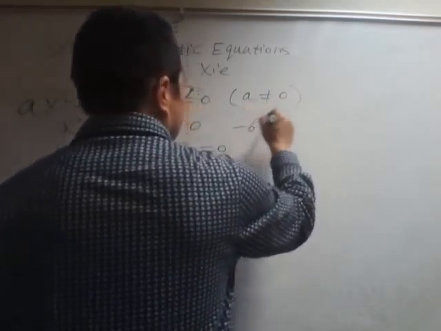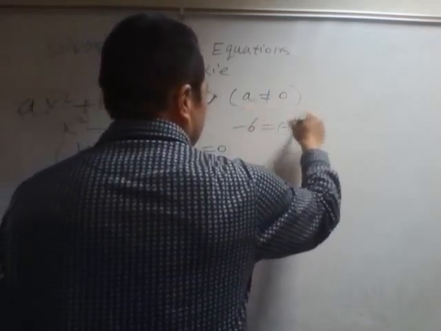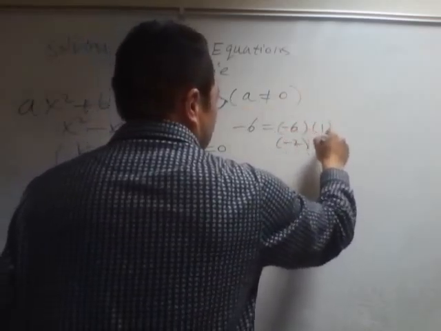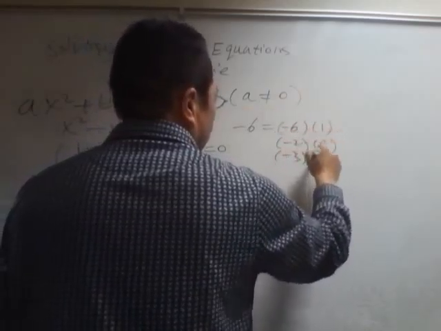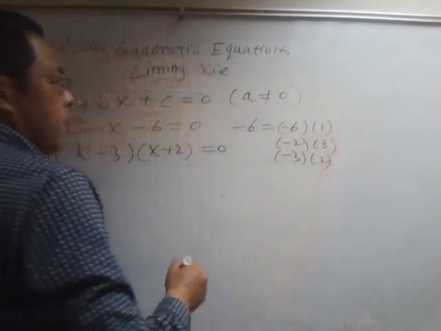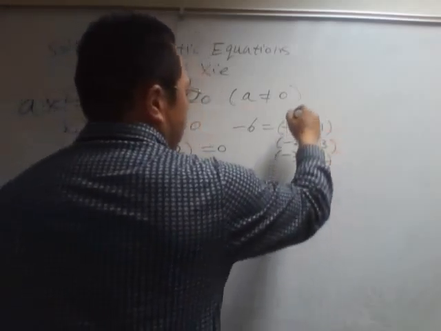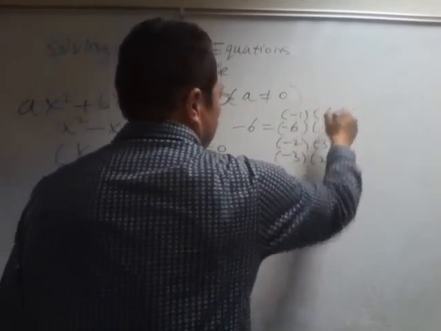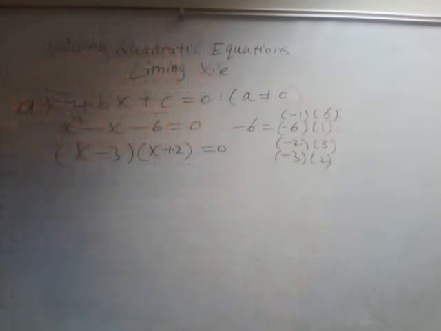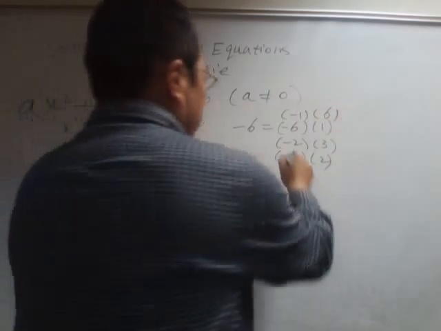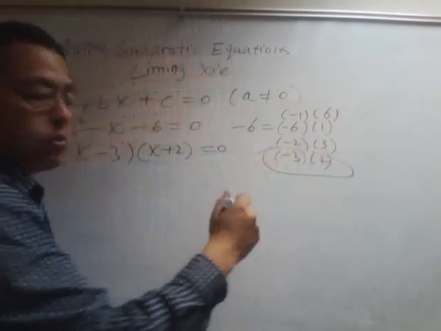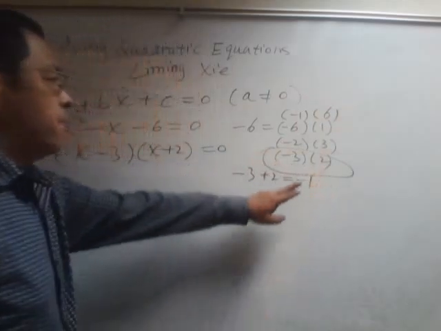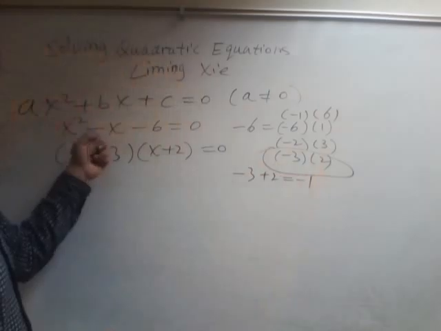So negative 6 equals negative 6 times 1, or negative 2 times 3, or negative 3 times 2, right? Or negative 1 times 6, right? We can make a first try for this one, because negative 3 plus 2 equals negative 1. That equals the middle term here, right?